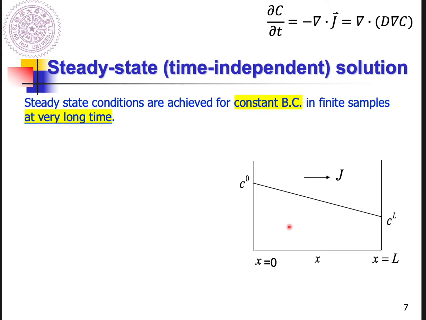And next, I want to demonstrate the flux in this kind of situation. What's the value of the atomic flux in this case? Based on the diffusion equations, because the concentration profile does not change with time, ∂C/∂t equals 0.